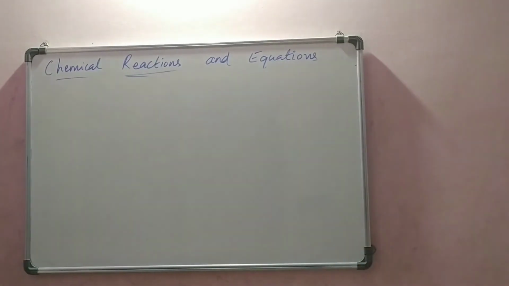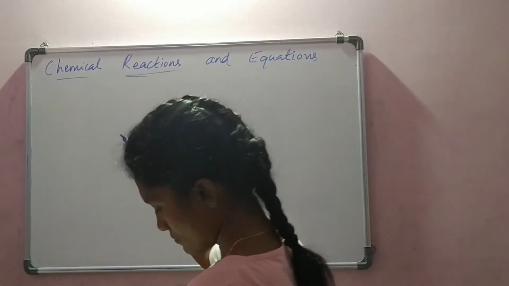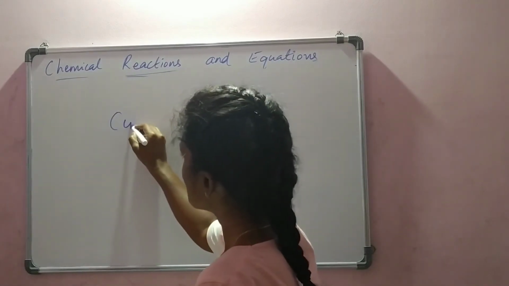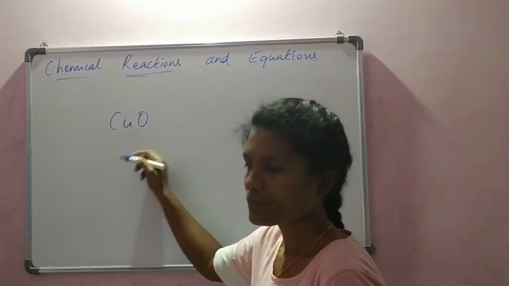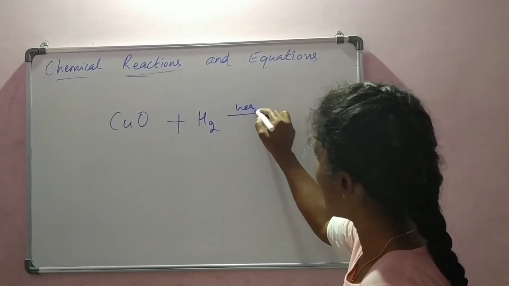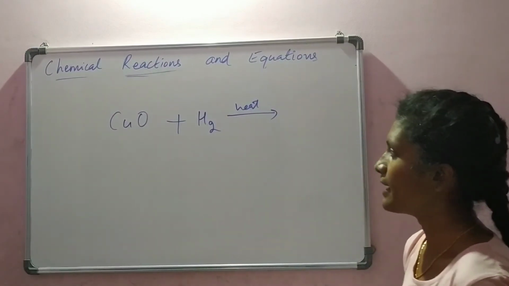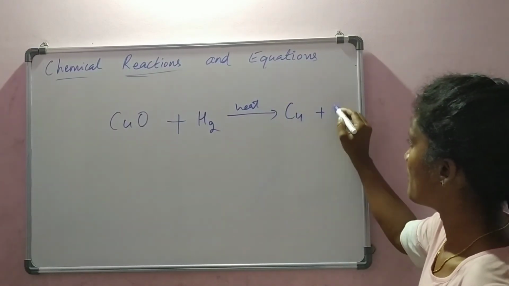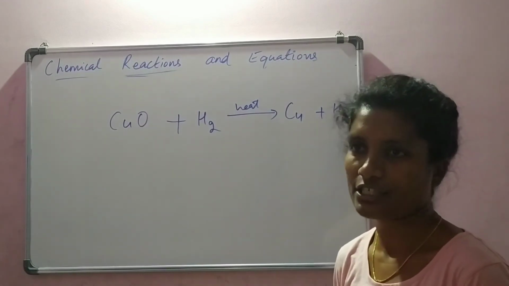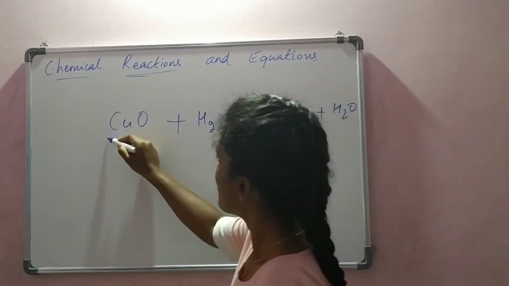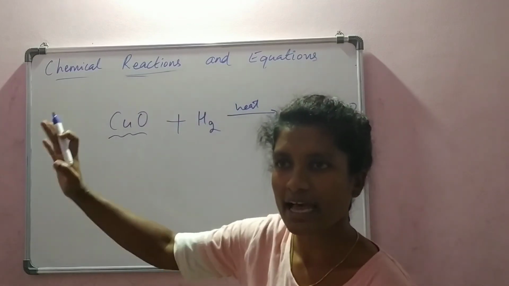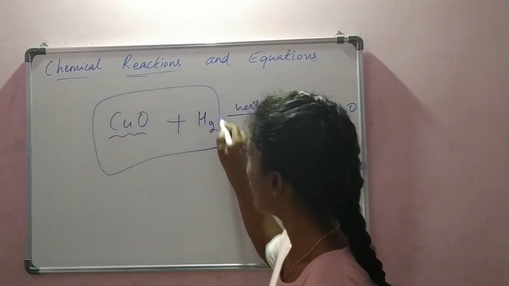Copper oxide is reacting with hydrogen gas and we provide heat to this. What happens? Copper gets separated and water is formed. Now we will observe what the oxidizing agent or the reducing agent is. Closely observe, hydrogen is added. What is adding of hydrogen called?